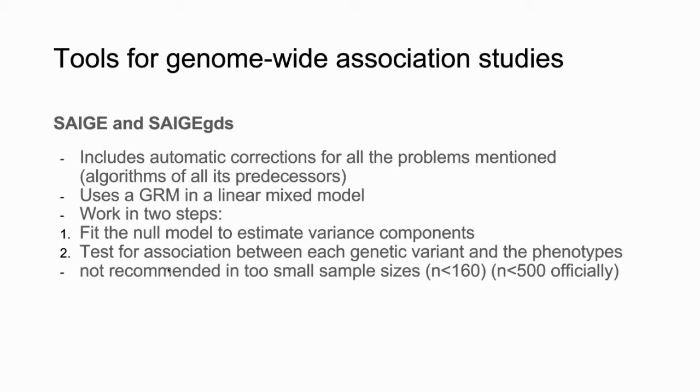The result from that is used in the second step to test for association with each of the genetic variants. In the paper, you will find that they do not recommend it for sample sizes of less than 500. I have used it with sample sizes as low as 200, and it still works, but it has a higher probability to fail. So I do not recommend using it for sample sizes less than this, but it could work.